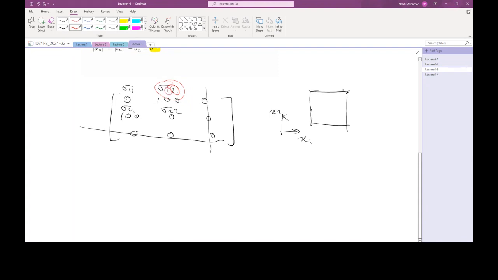This is the plane where I have the normal direction, or this is the plane identified by the normal direction of x2, right?